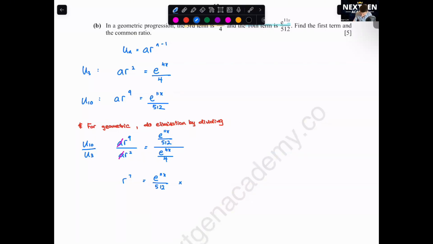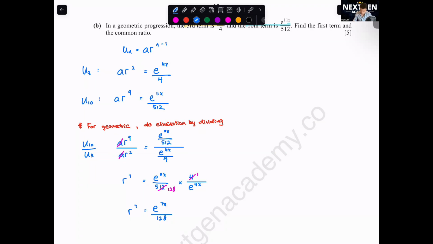So I need to multiply 4 over e to the power of 4x. Remember, keep, change, flip when we divide fraction. Now we simplify further. 512 and 4, this one will be 128. 11x minus 4x, we will get 7x. So here we will get e to the power of 7x over 128.